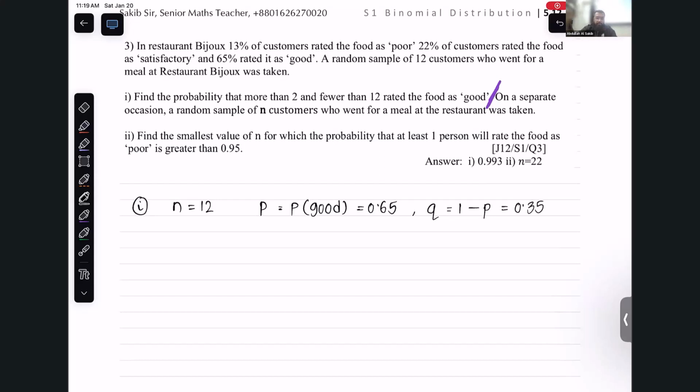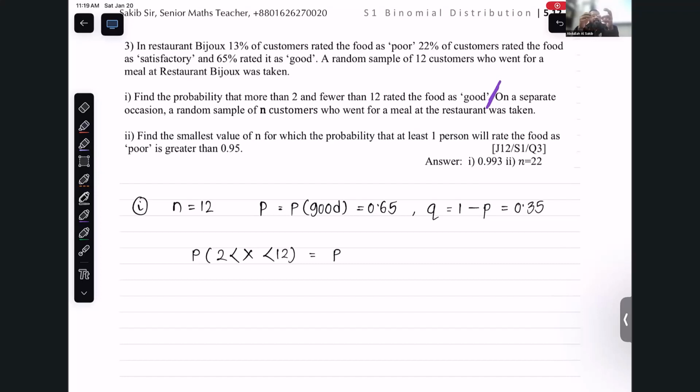Now the question says X should be more than 2, less than 12. So now if I ask Tazrian, what would be the values of X? Starting from 3 to 11.